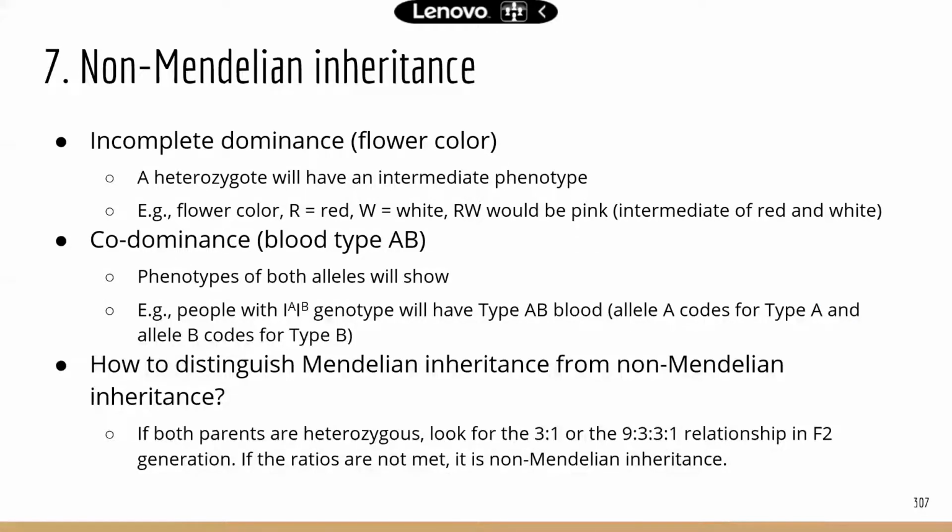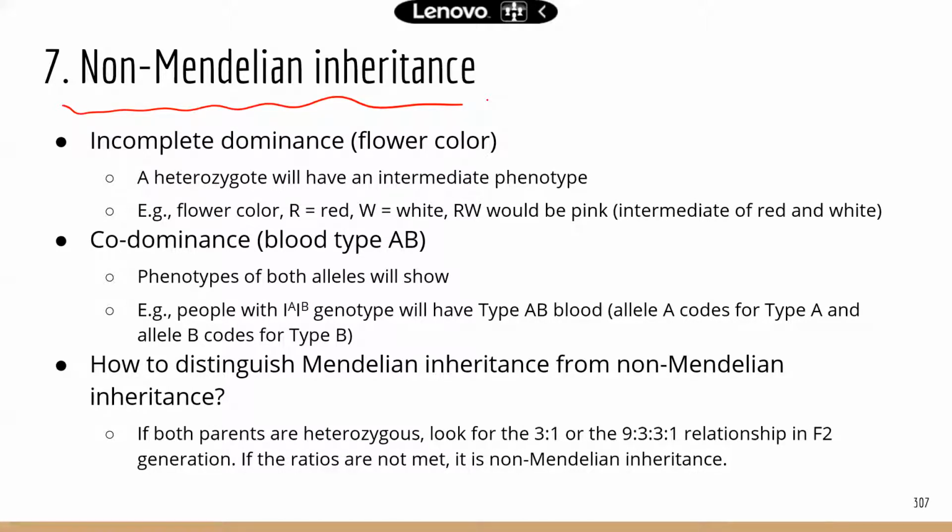So far, we have talked about the examples that follow Mendel's law of heredity, right? But nature is not that straightforward. It's not that simple. We do observe a lot of traits that do not follow Mendel's law of heredity. So we're going to touch on a few non-Mendelian inheritance, just in case TEAS has questions for those.